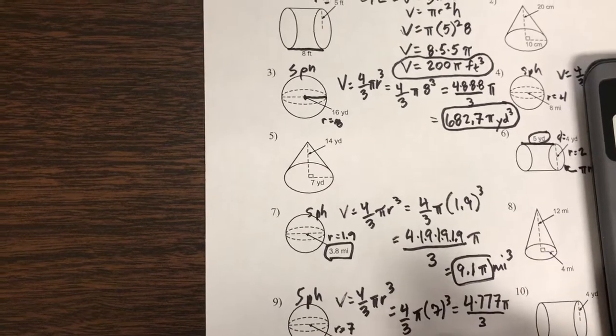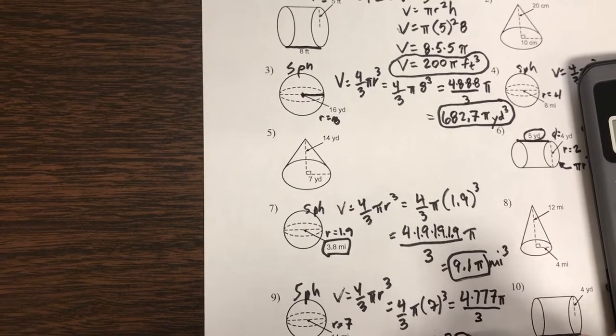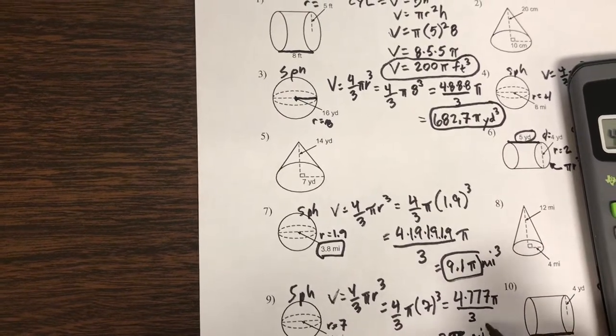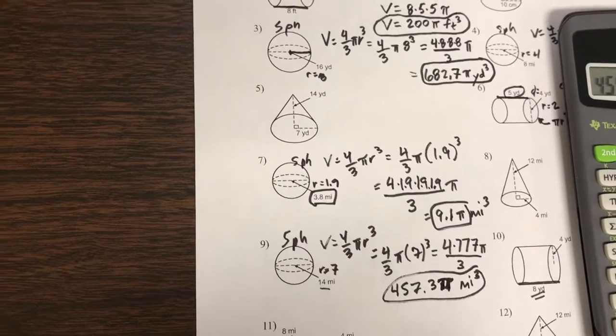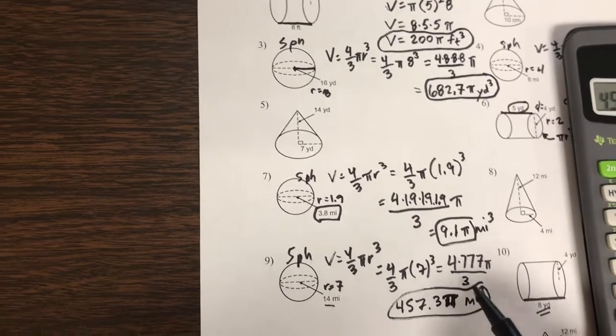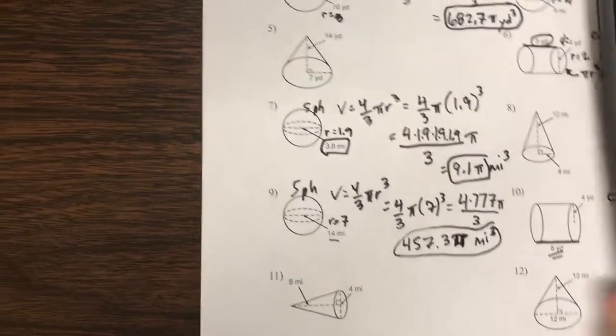I get 457.3 miles, oh, pi, I gotta remember my pi, times miles cubed. So 457.3 pi miles cubed. 4 times 7 times 7 times 7 divided by 3 gave me 457.3.